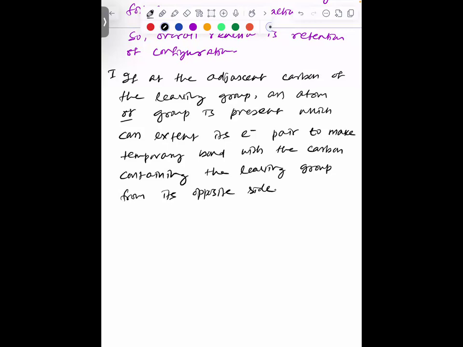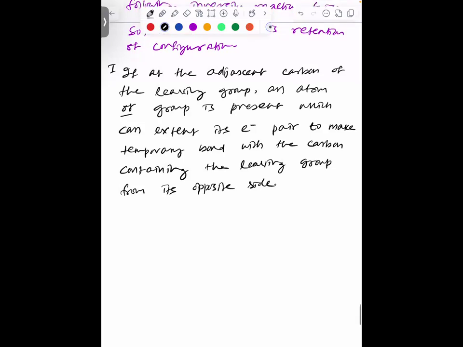Yes or no? It contains a lone pair or negative electron density. So the examples can be NH2, OH, phenyl, O minus also. So these can act as the neighboring group. Clear?